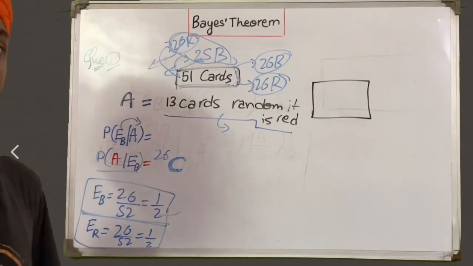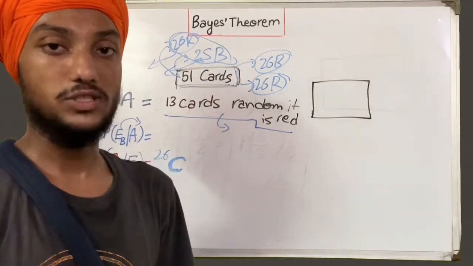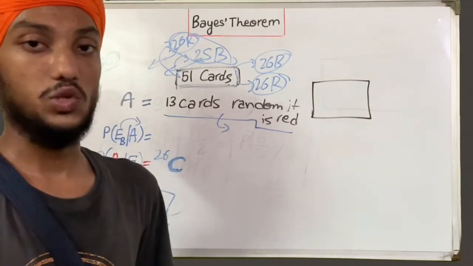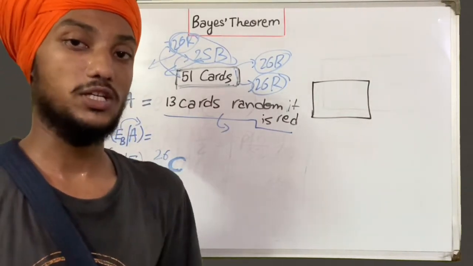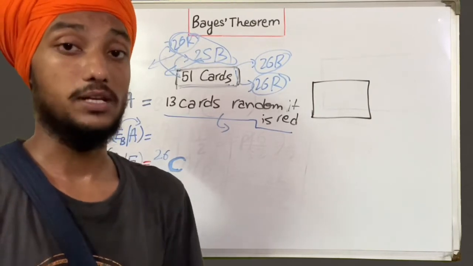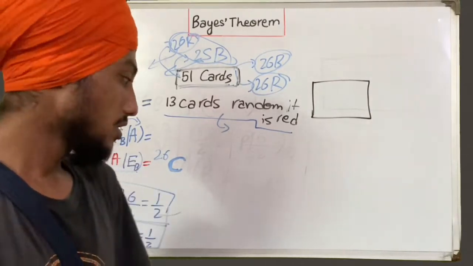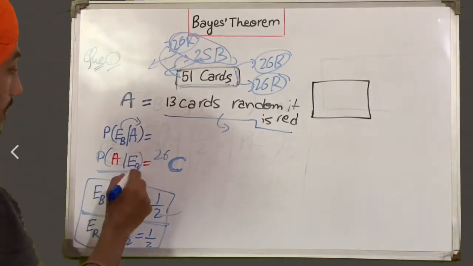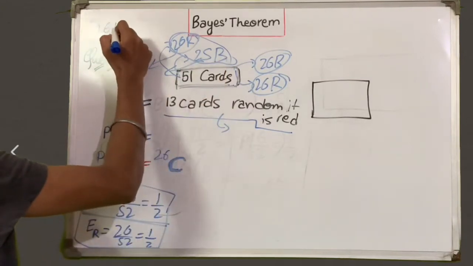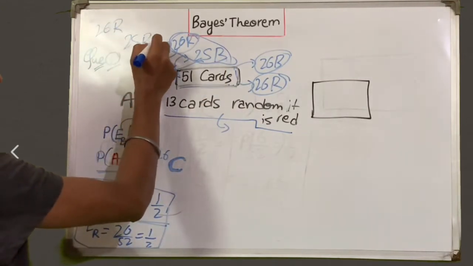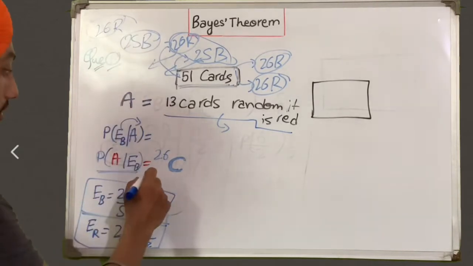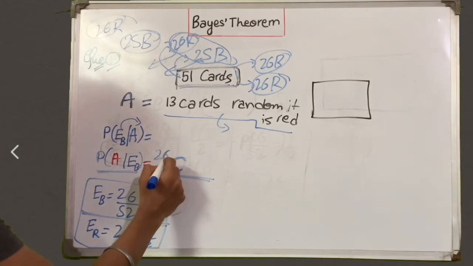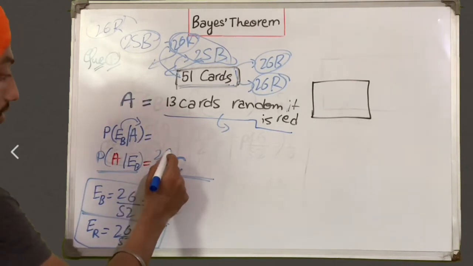This makes heavy use of permutation and combination, and you must watch those lectures to perform this particular calculation. It is the selection process we will learn in the combinations and permutations chapter. So if we are given these cards, 26 red and 25 black, now we have to find first of all the event that we have given 26.